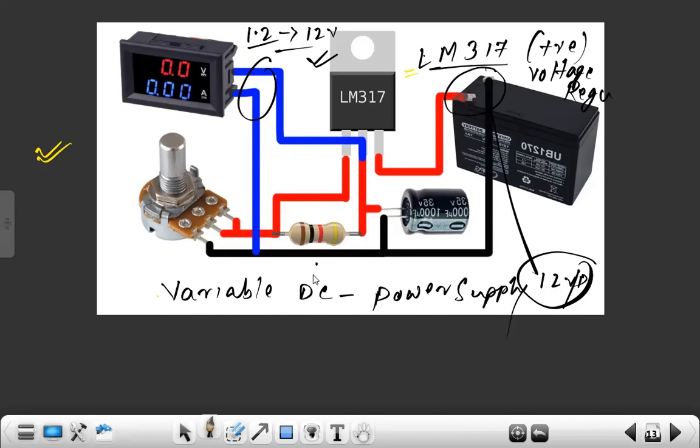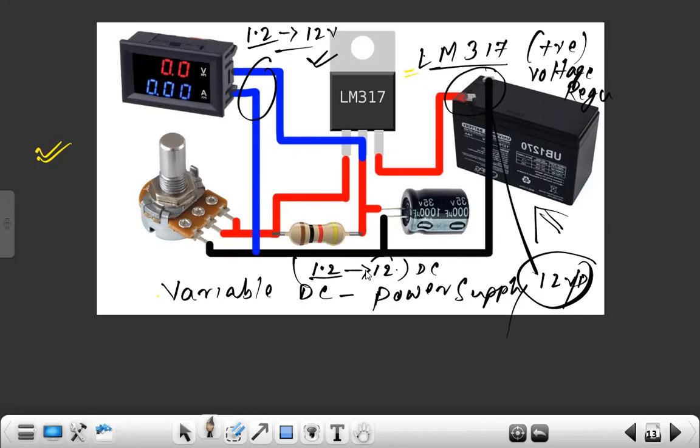Variable means it will vary from 1.2 volt or maybe 1 volt up to the maximum of its input voltage. Here the input voltage is, for example, 12 volt DC at max.